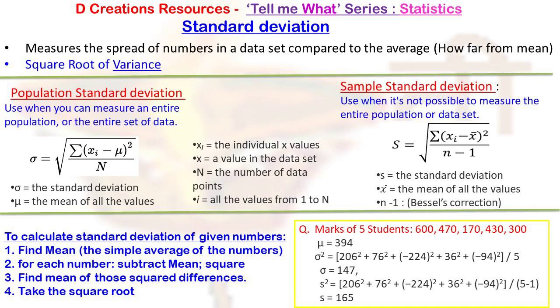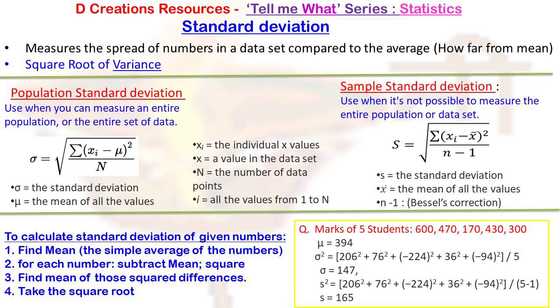So now you have to square each of these differences, add them up and divide by 5. So 206 squared plus 76 squared plus minus 224 squared plus 36 squared plus minus 94 squared. Of course, since it's a square, all the negative signs are going to turn into positive.